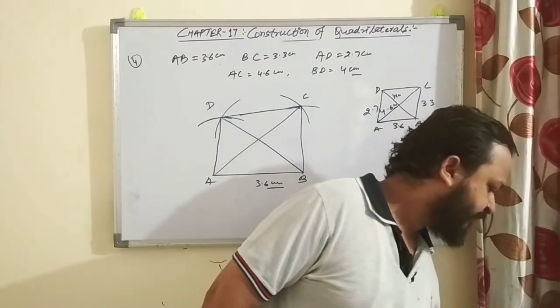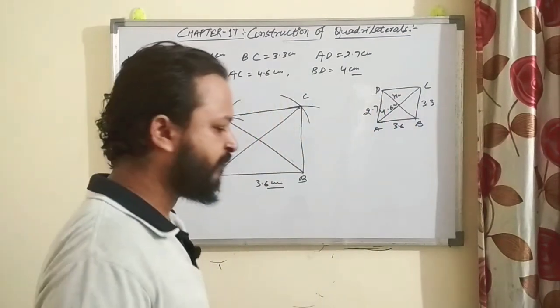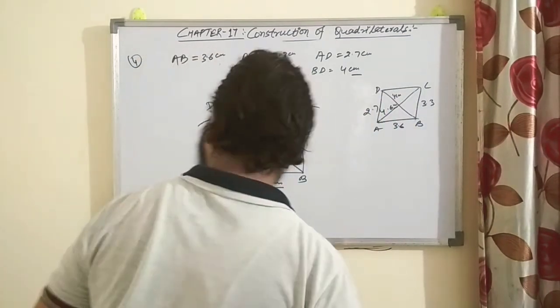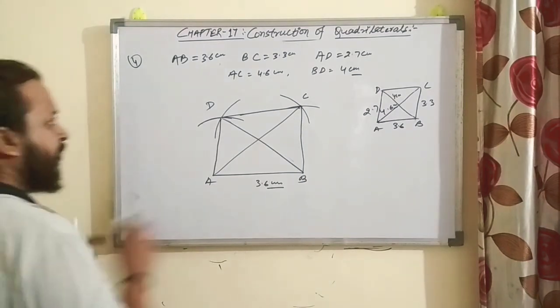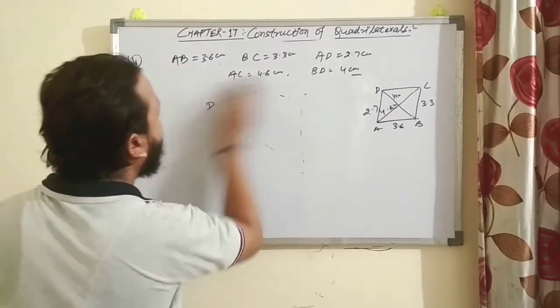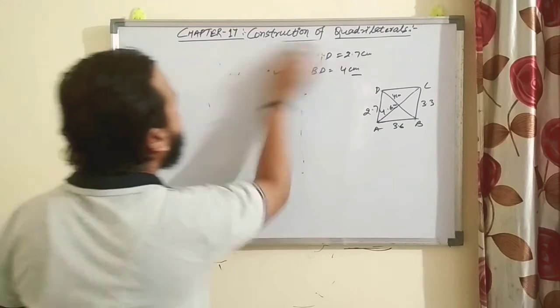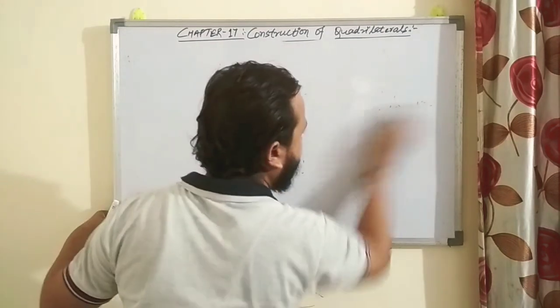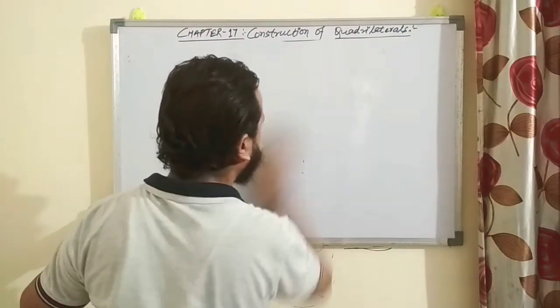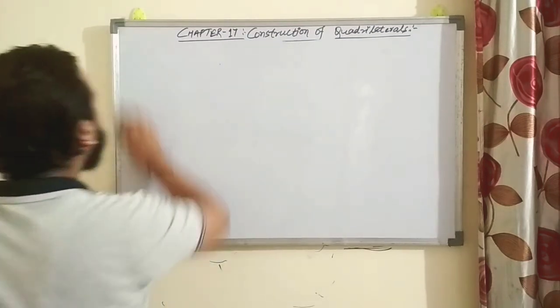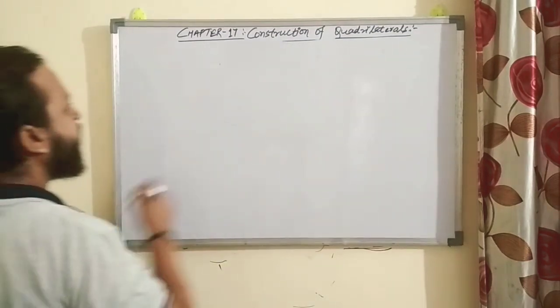You have to measure the fourth side. So look, in this question, you have to construct a quadrilateral which is PQRS.